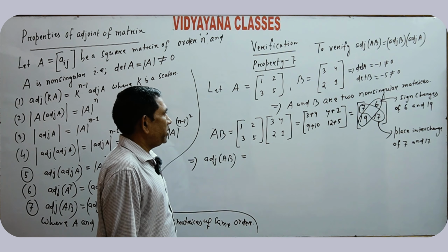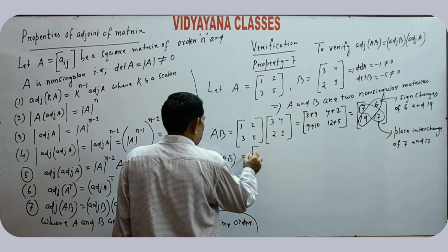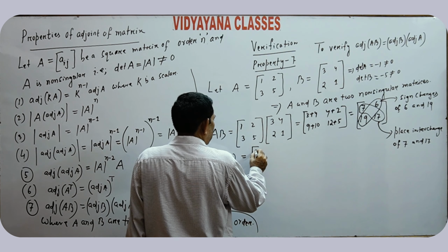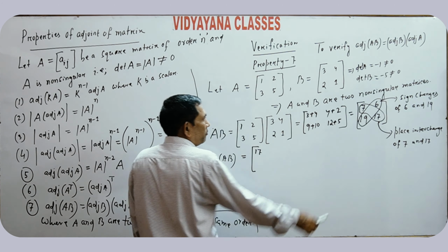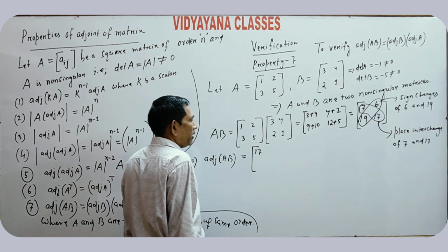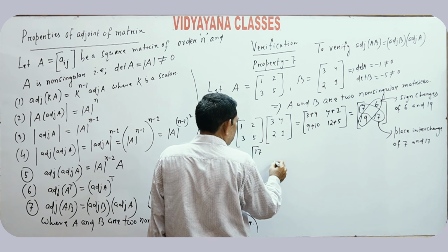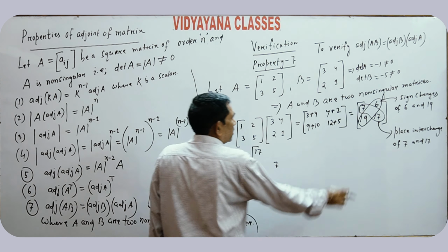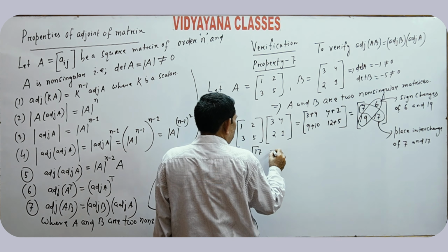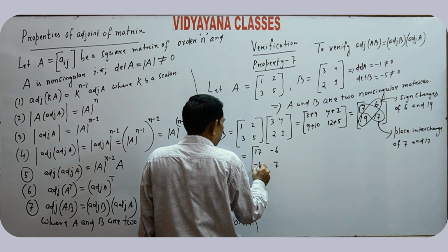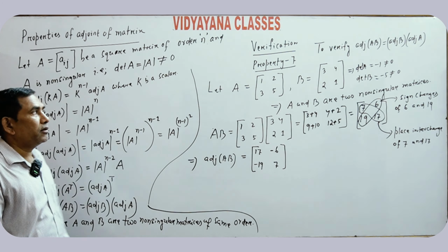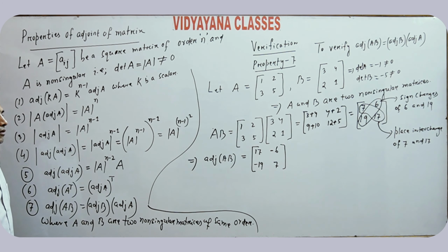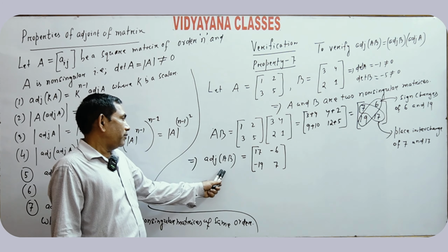So the adjoint of AB is 17, 7 on the diagonal, with sign changes giving -6 and -19. Clear? It is the adjoint of AB.